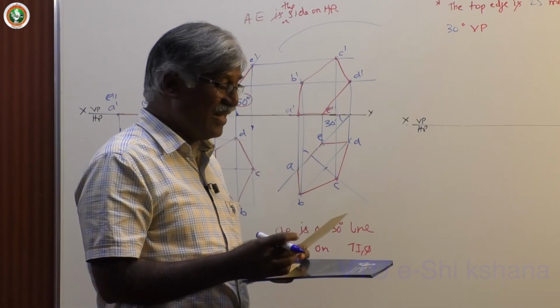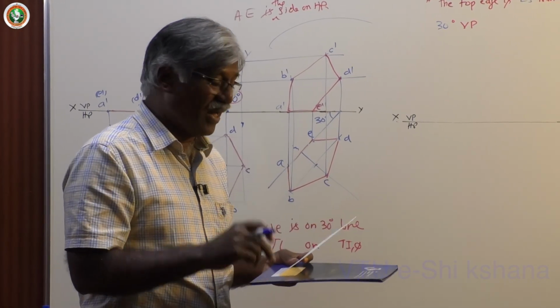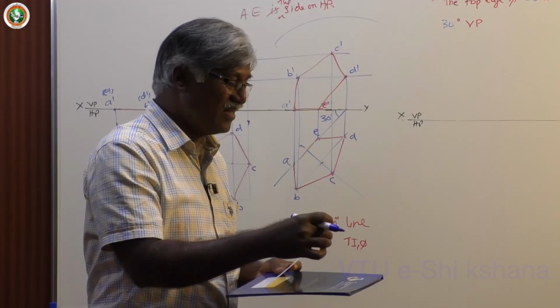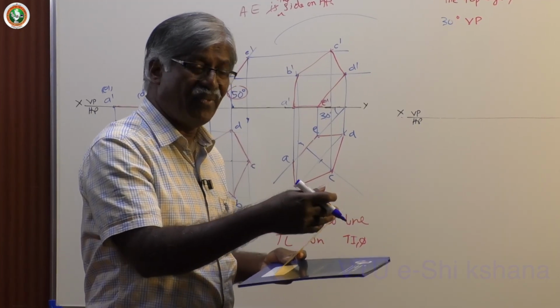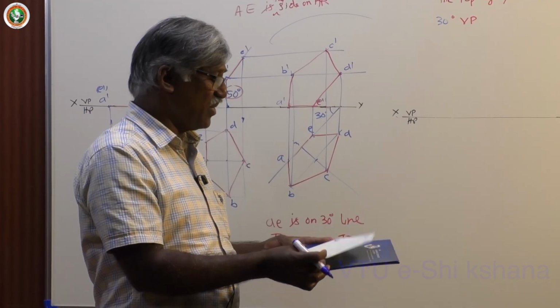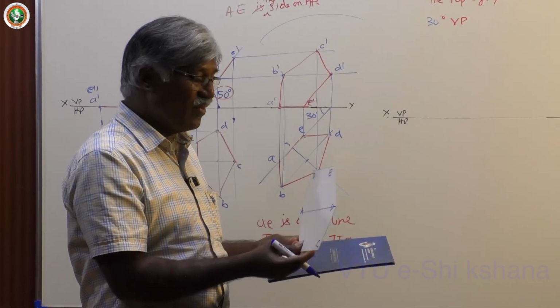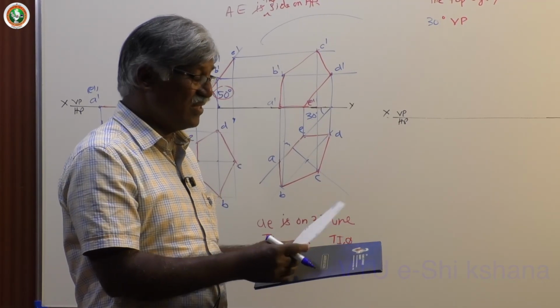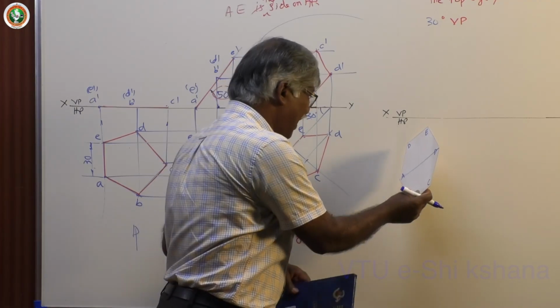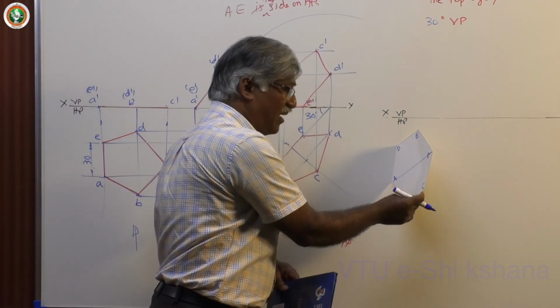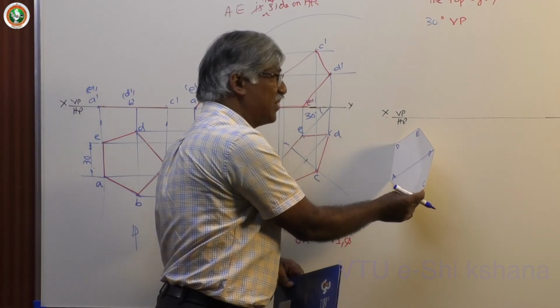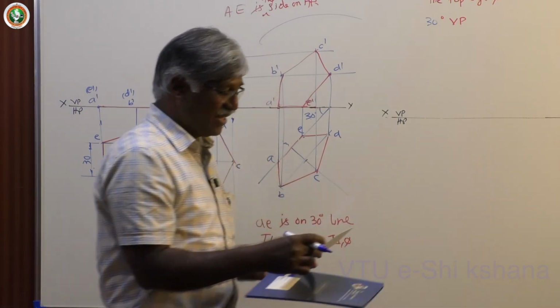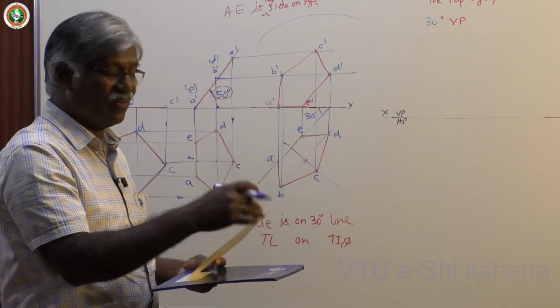It is definitely the top view, because it says the top edge is some distance above HP. Here I have very clearly that the top edge is 30 mm above HP.